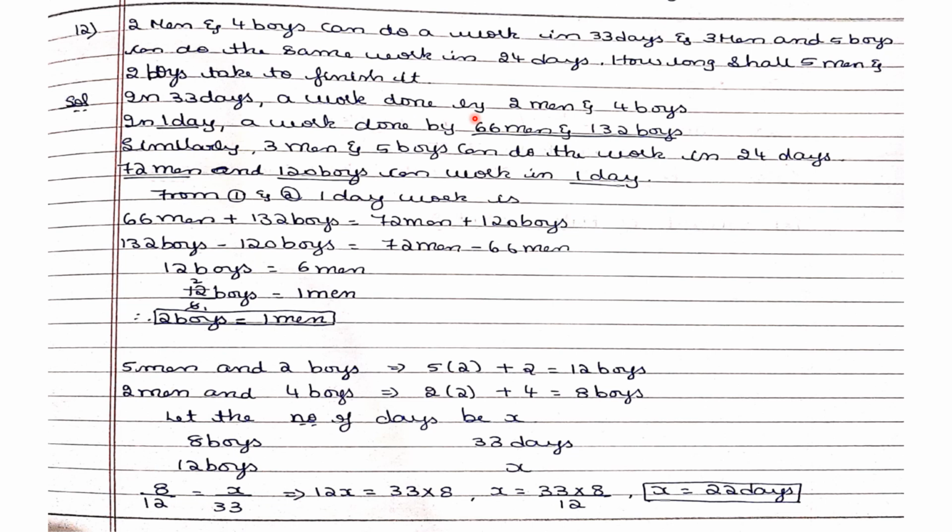So in 33 days, a work is done by 2 men and 4 boys. If they take 33 days, then to find what can be done in 1 day, it is 33 into 2, where you require 66 men, and 33 into 4, where you require 132 boys.